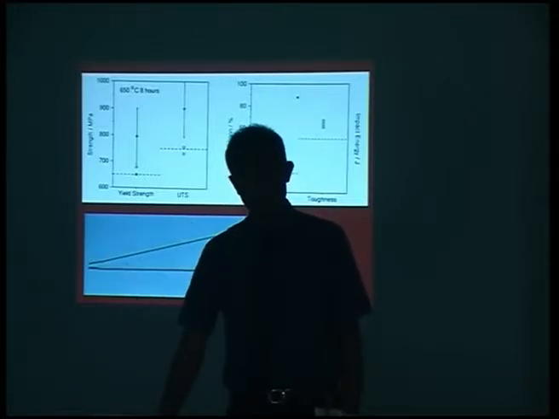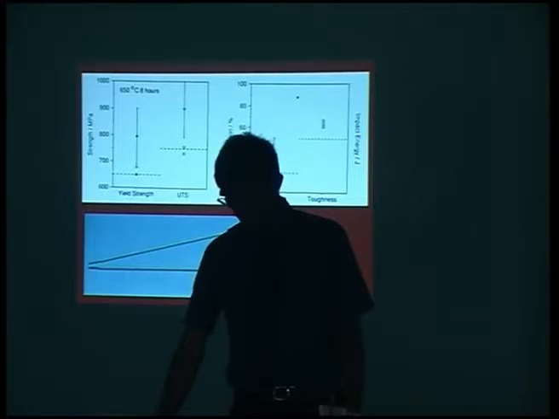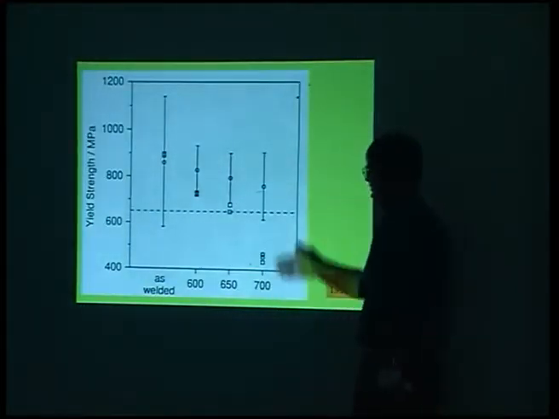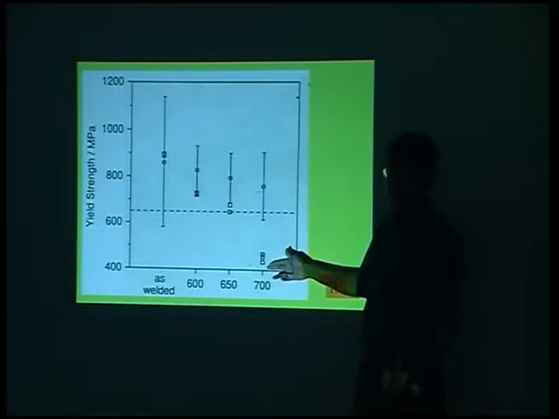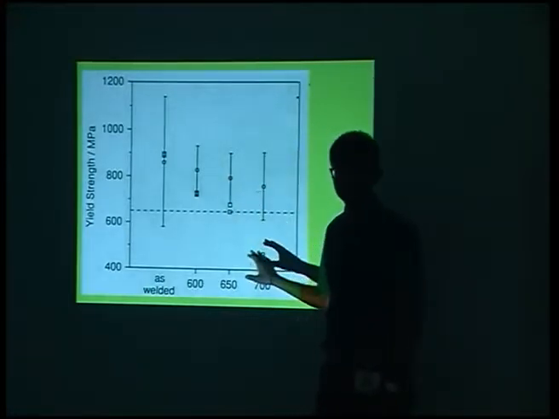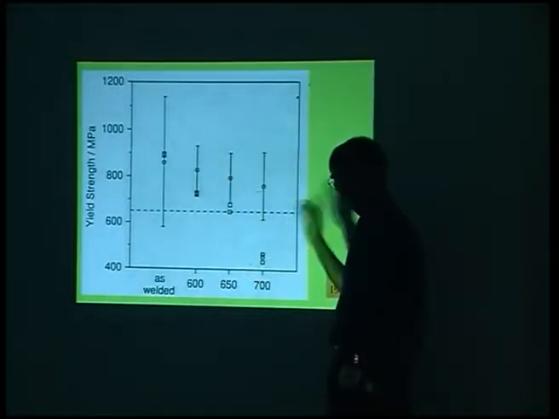But we decided to do some more experiments, and it's always a bad thing to do this. And you can see that when we went to 700 degrees centigrade tempering, there is a huge discrepancy between the prediction and the measurements. So something is very wrong here. And the discrepancy seems to increase as we go to higher and higher tempering temperatures. So what is wrong?